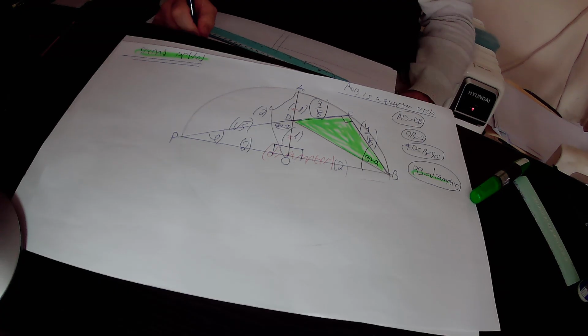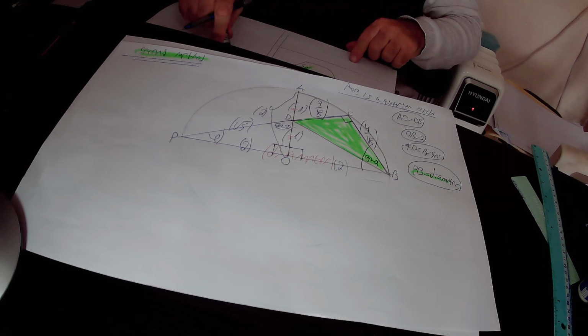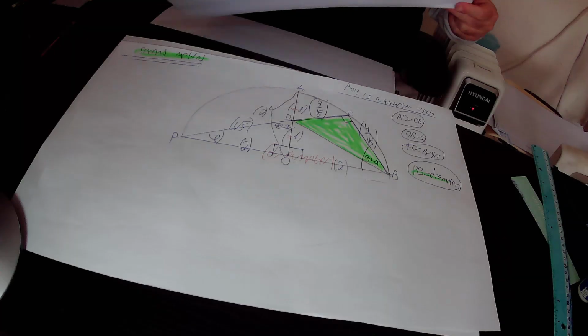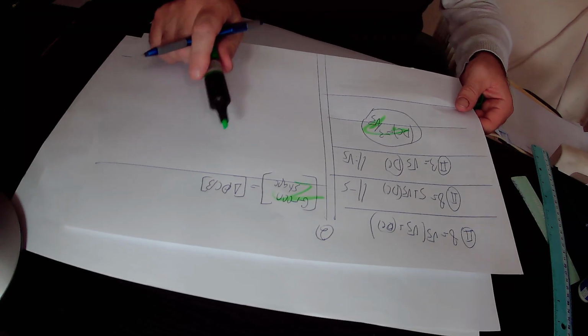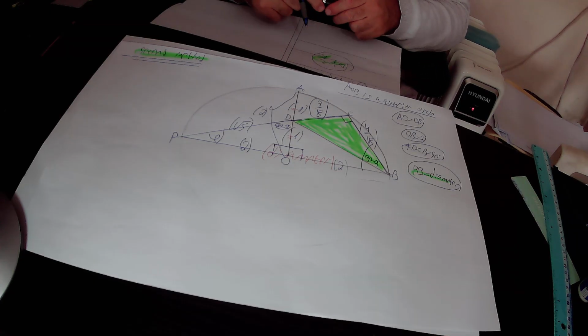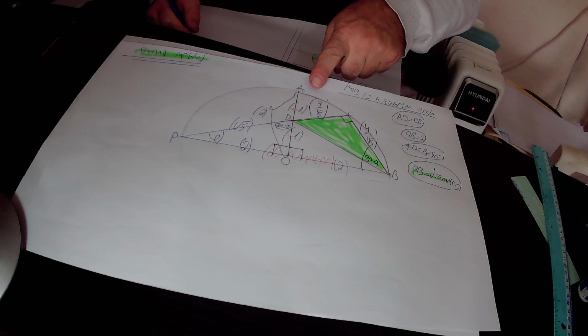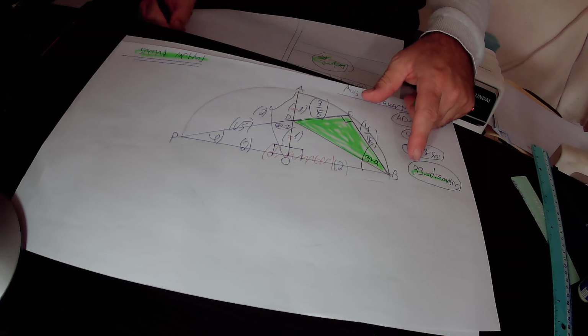And the area of this green right triangle DCB is equal to the base of the triangle, that is DC, times the height, that is CB, over 2.